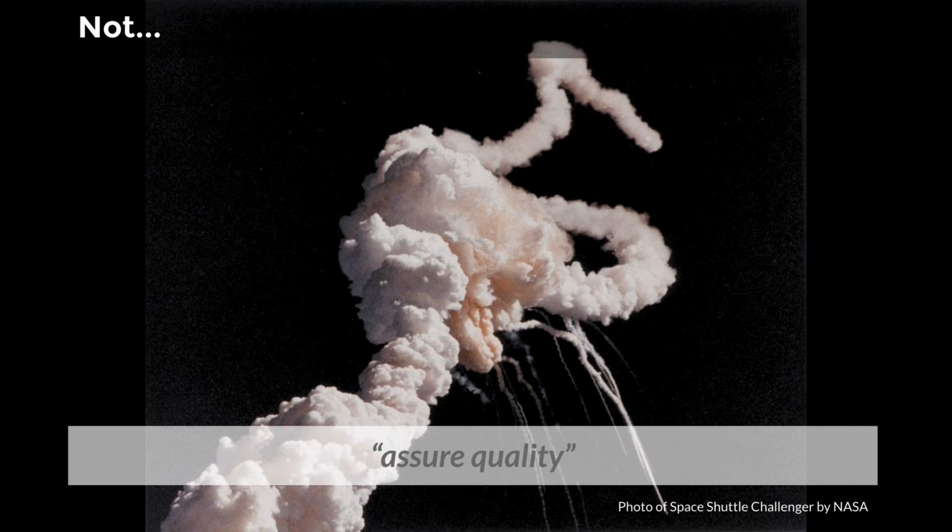And finally, I have an issue with "assure quality." Actually, that's where the QA comes from, quality assurance. And I think it's wrong because we're selling the wrong expectation, because we as testers cannot assure quality. This photo is taken from NASA, where the quality of their testing actually influences lives, and even so, mistakes happen. So we shouldn't sell the idea that a tester is a perfect being.